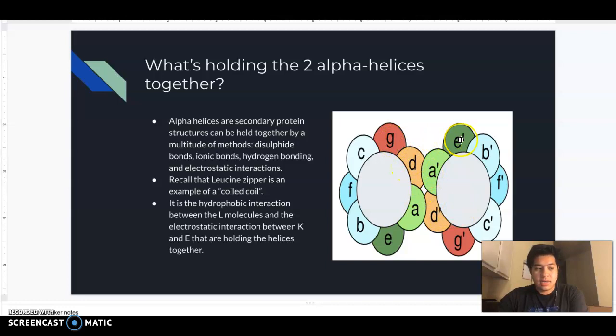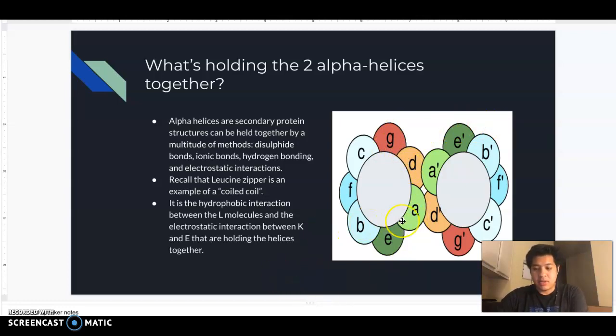The G and E letters over here also play a role in holding the alpha helices together in the form of electrostatic interactions. And just like previously where we saw the positive lysine and the negative glutamate interacting, it's the opposing charges between those amino acids that allow them to bond together.